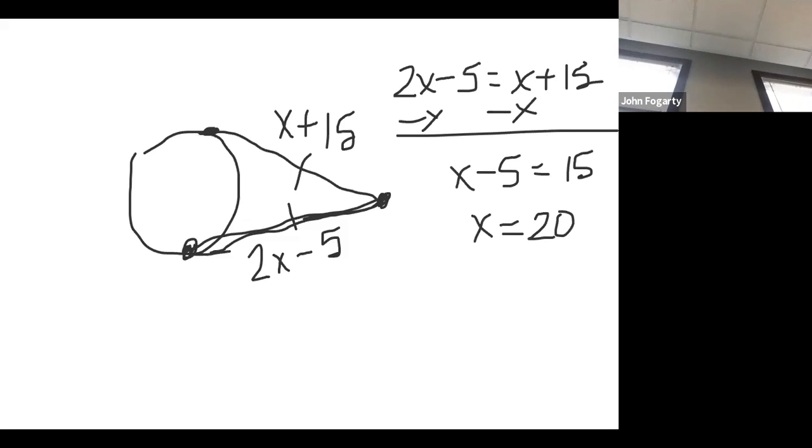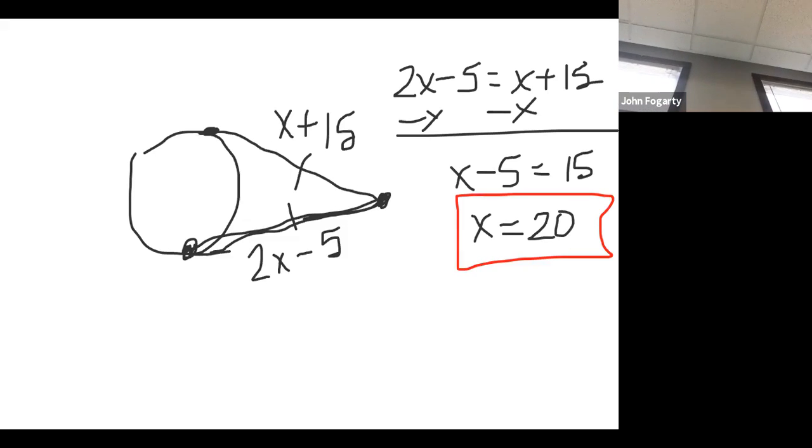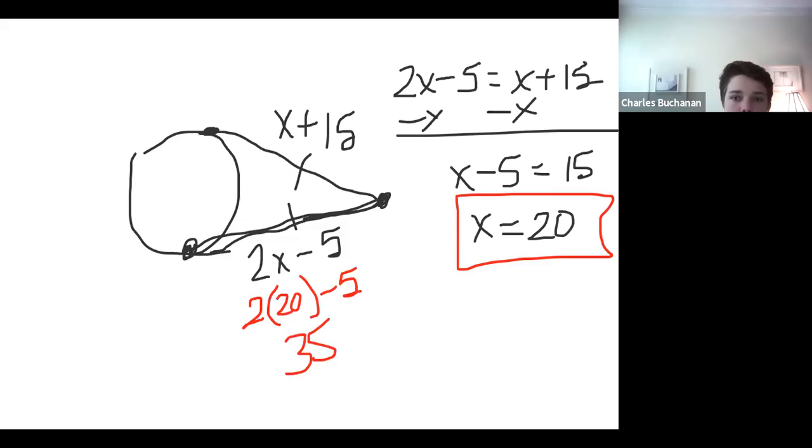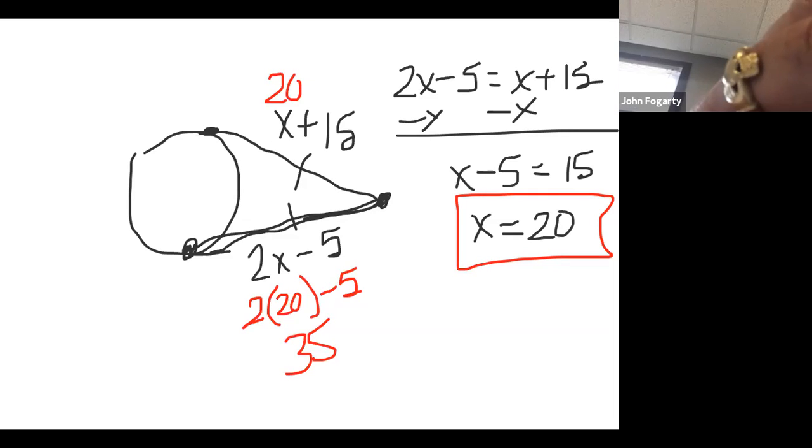Now, fellas, this does not tell me how long the segment is. How long is each of those segments? Two times 20 minus 5, 35. 20 plus 15, 35. All right?